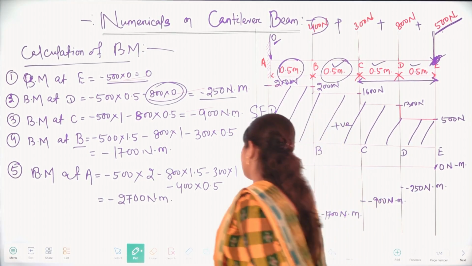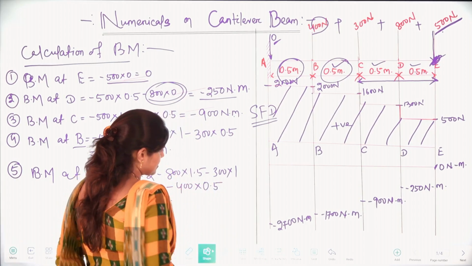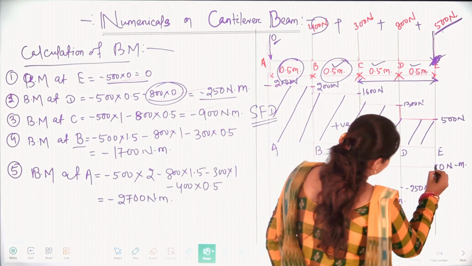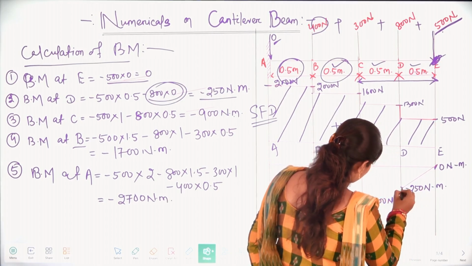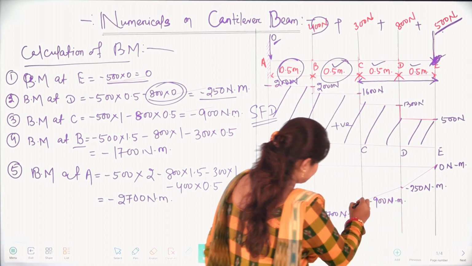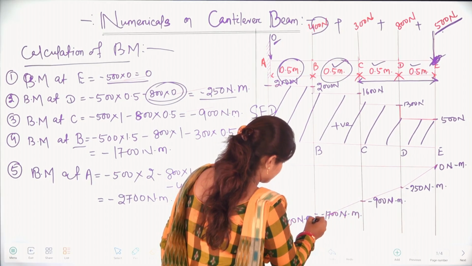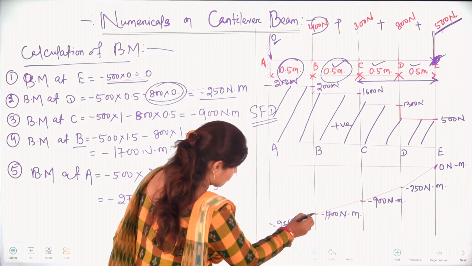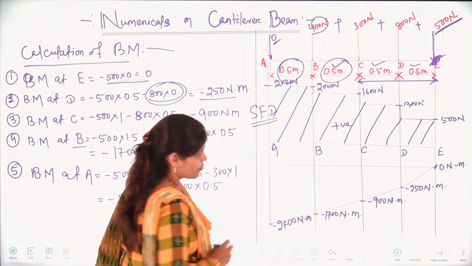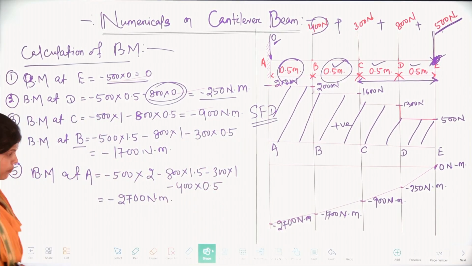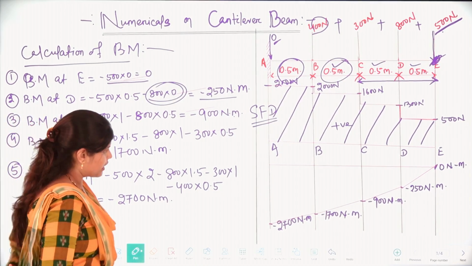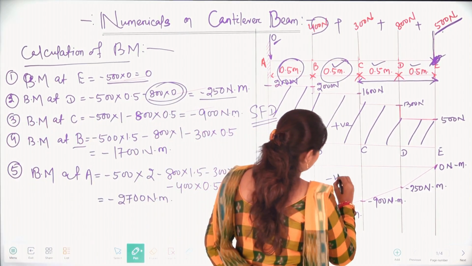Right? Now our work is to just join these things. So here the diagram will be like this. Okay, it will be like this, and you can write it here negative.